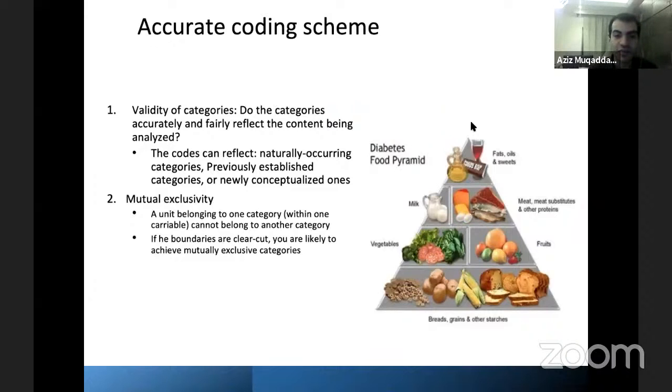So right here is the validity of the categories. That means, do the categories accurately and fairly reflect the content being analyzed? For example, when I say peer appeal, does it accurately reflect the type of poster we saw earlier about anti-smoking?